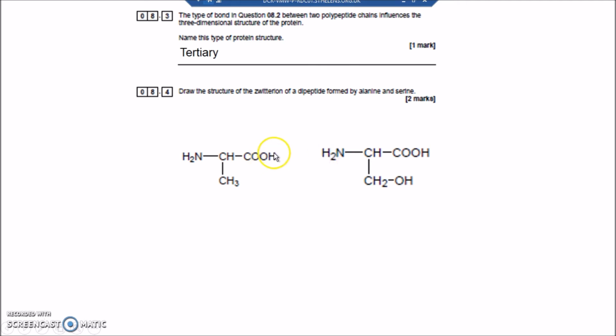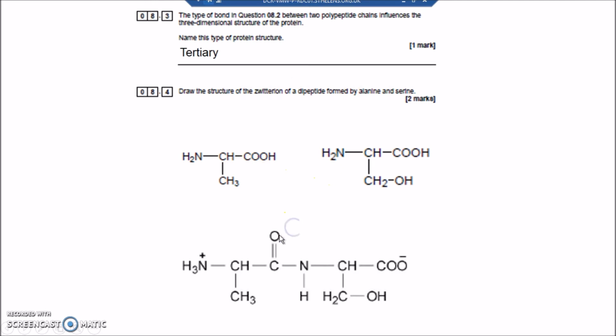So the OH and one of the H's is going to release and form water in a condensation reaction and leave an amide or a peptide link between the two, CONH. Now, the last thing to do is a Zwitterion. Draw the structure of a Zwitterion. Well, let's draw it joined together first of all.